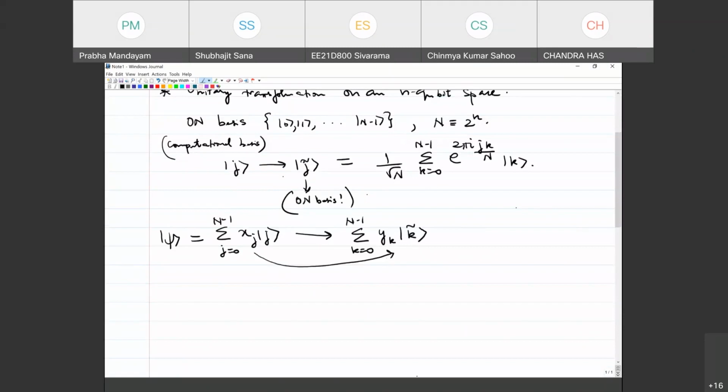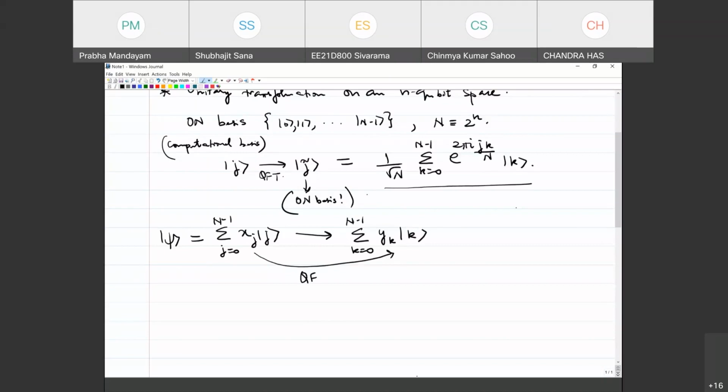Actually, no, I don't want to say this in the tilde basis. I want to say that the |j>'s get transformed to |j tilde>, which are superpositions of this form. So this is what I wanted to say. I'm just saying how an arbitrary state would transform under this QFT transformation, right? I hope you understand this.